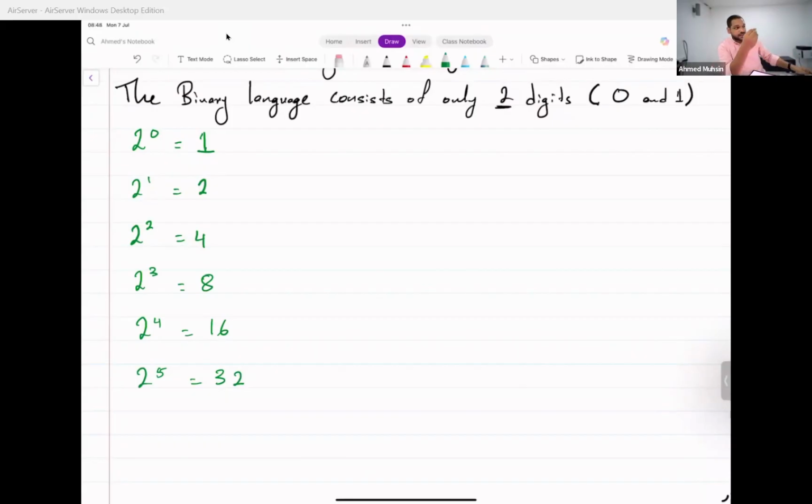Now, guys, these are numbers that you can use in the binary number system. What did I tell you all? These are numbers that you can use in the binary number system. Remember this rule, okay?